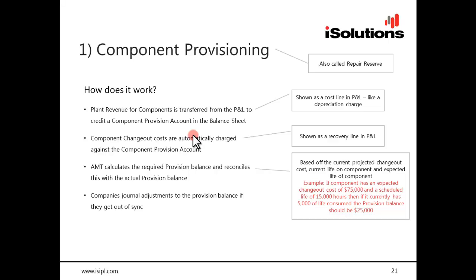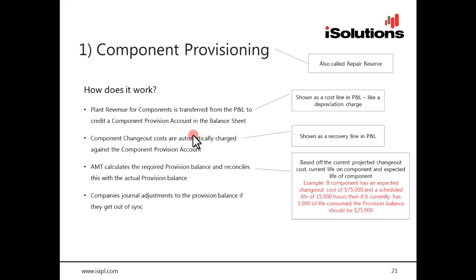So in that situation where you have a brand new truck, you rent it out that first month, you're getting money in for your major components. Essentially what we're saying is don't take that as profit, put that money aside into a provision account.